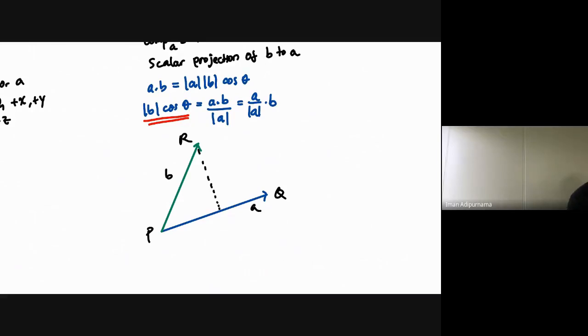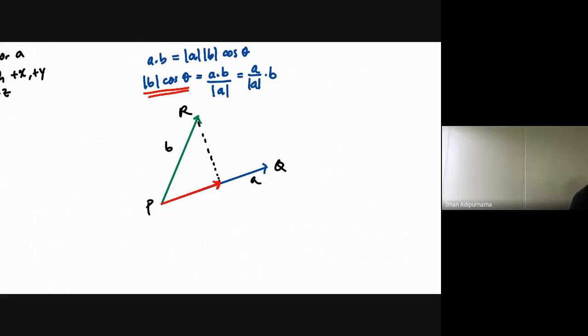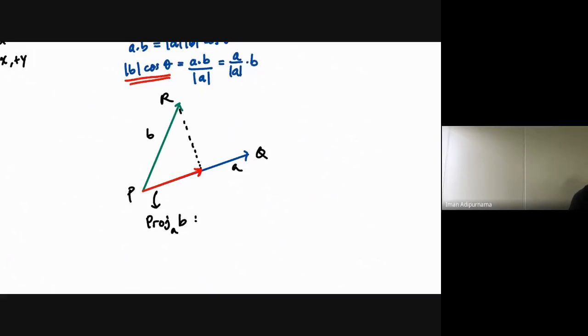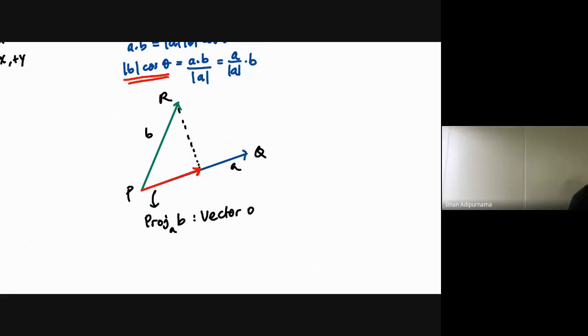Let's say this is A, this is B, same as before. So let's project the B to A, okay, and this becomes a vector. So we usually write it as proj, the projection of B on A. So meaning this is a vector projection of B to A.